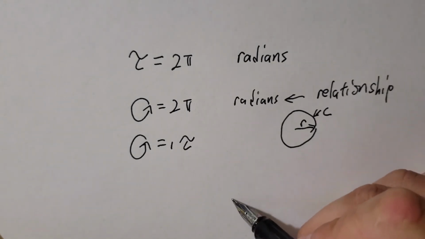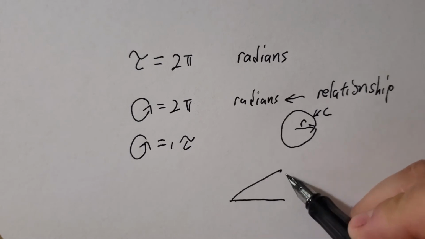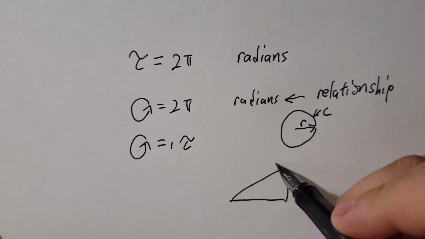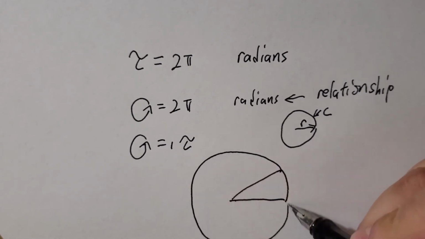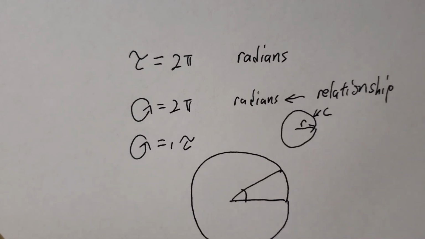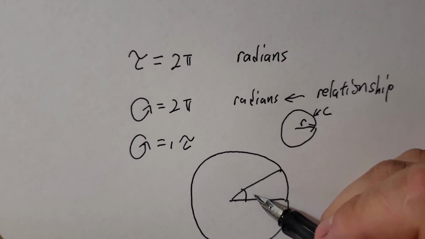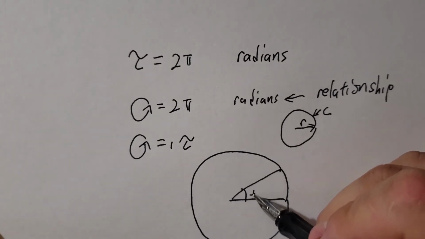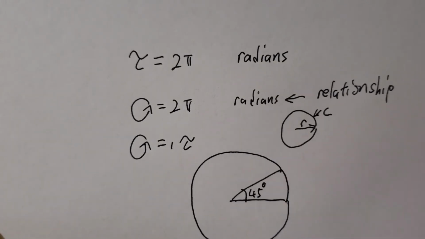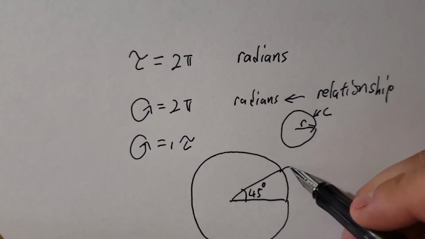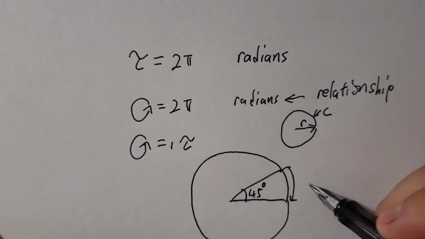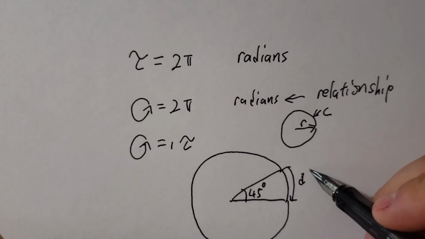For example, let's say you had a circle and you carved out a small angle out of that circle. Just for the sake of convenience, let's say this is 45 degrees. How long is this section here?